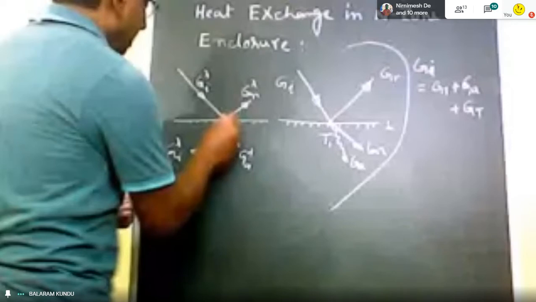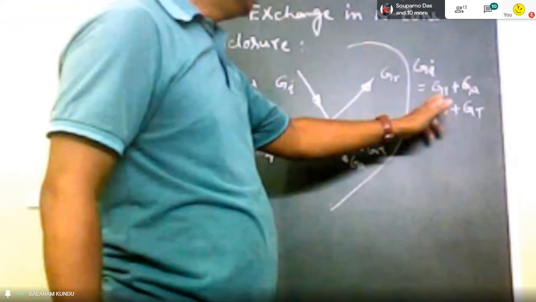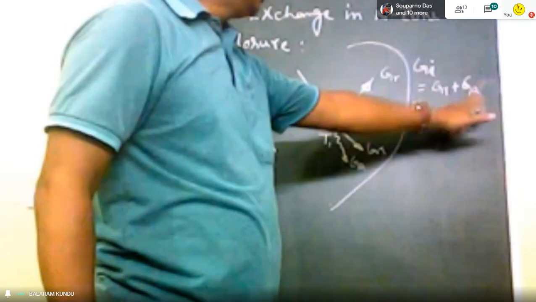From the energy balance, Gi lambda equals Gr lambda plus Gt lambda plus Ga lambda, or considering all wavelengths, Gi equals Gr plus Ga plus Gt.